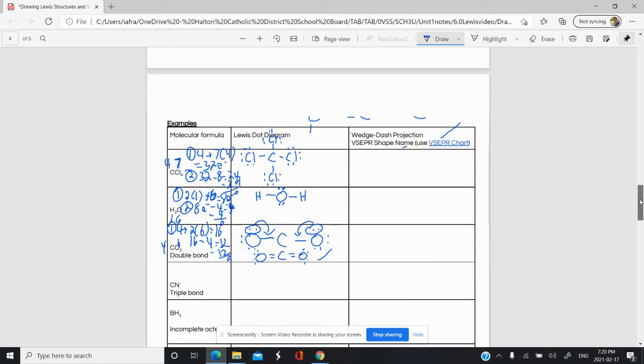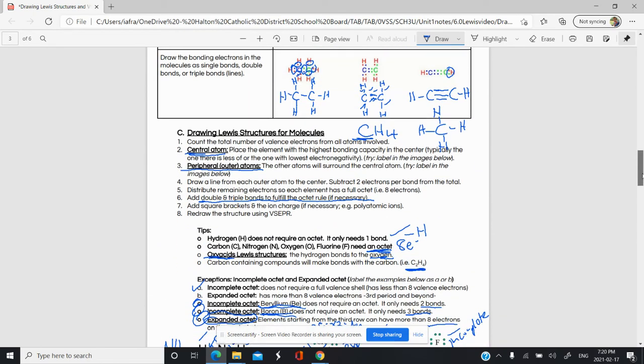There's a rule here. If you have a negative charge, you need to make sure that you're adding electrons for that negative charge that's there. So whenever you have a negative charge in your ion, be sure to add electrons.